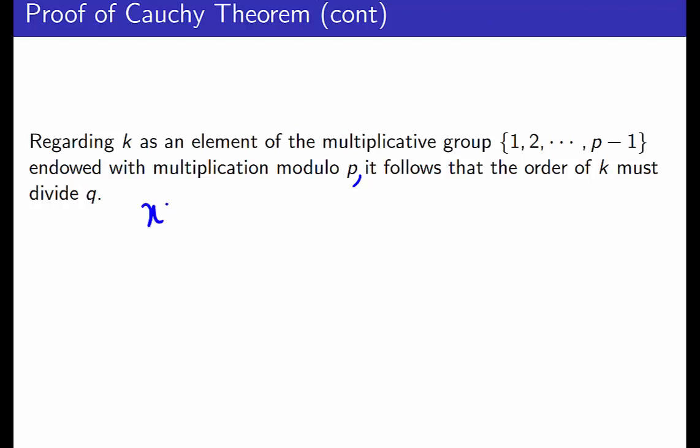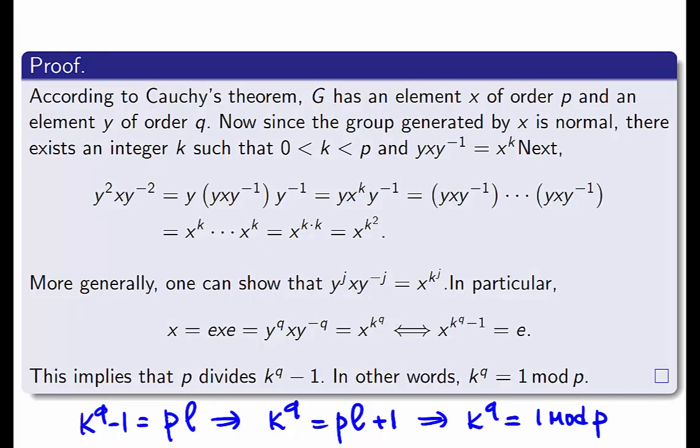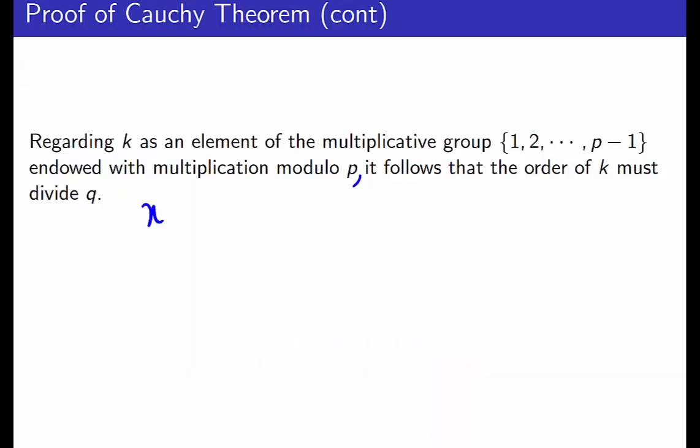So let's go back here, we saw that k^q is equal to 1 mod p, which tells us that the order of k must divide q.